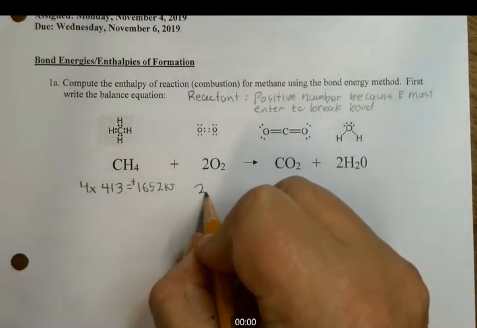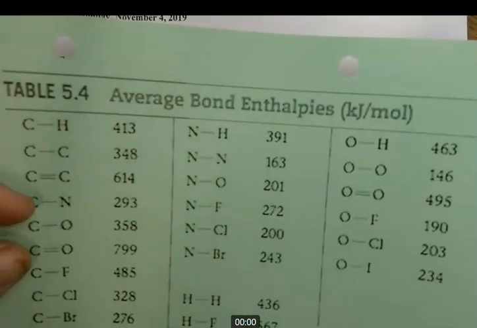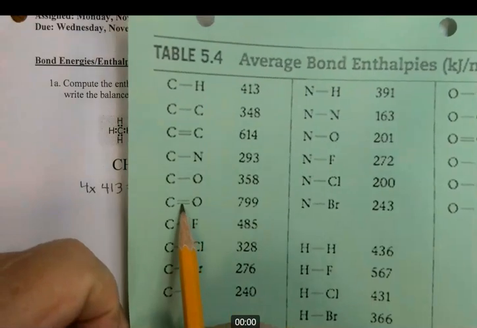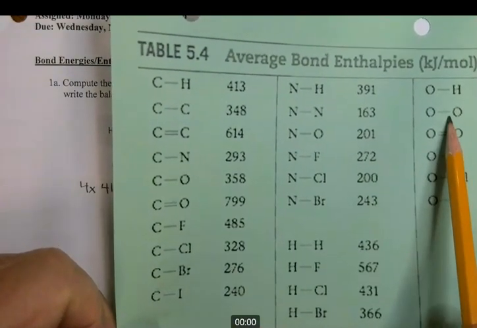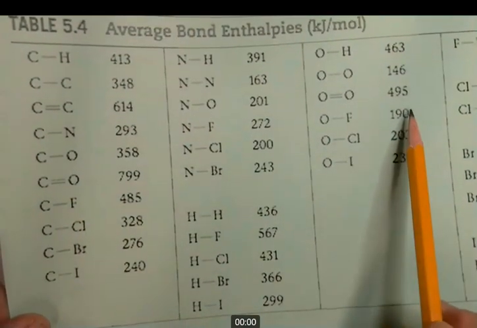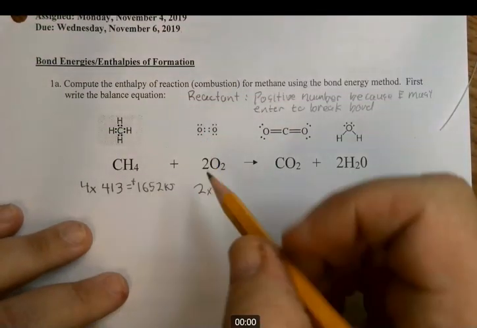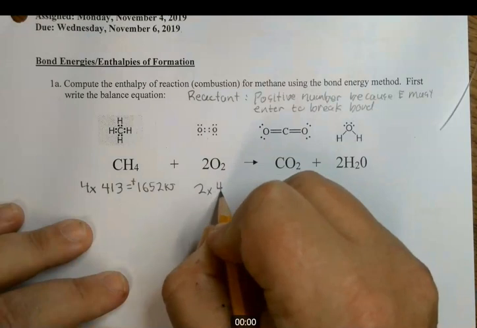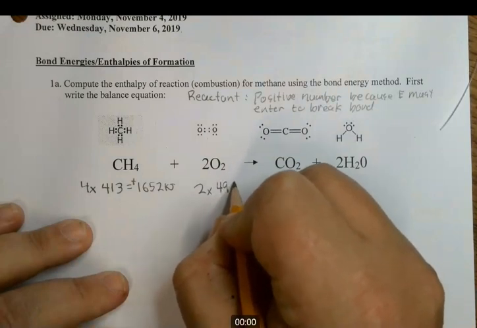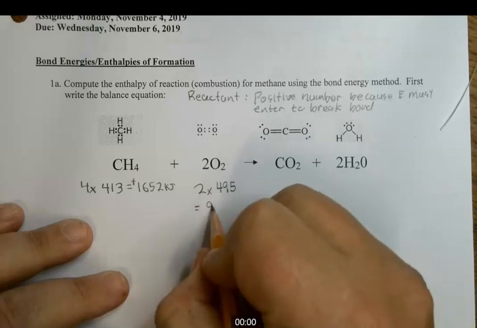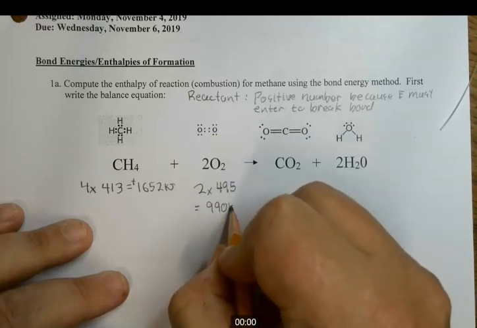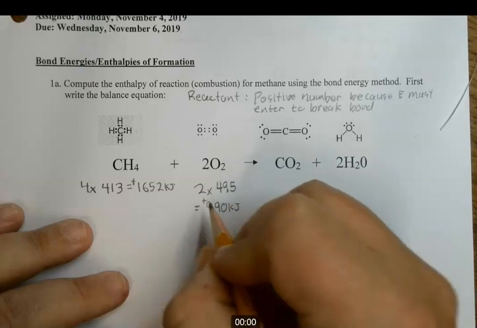So that means it's 2 times, and you come up here and you find the oxygen double bond right there. Be sure not to use a single bond, use the double bond, and it's 495. And again, that's energy going in. So 495 times 2 is going to equal 990 kilojoules. And again, it's a positive number.